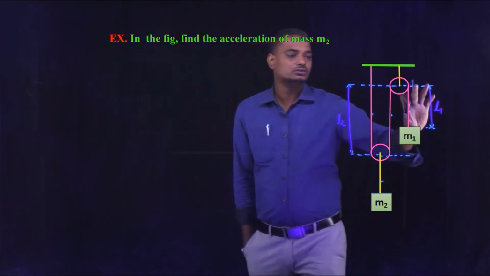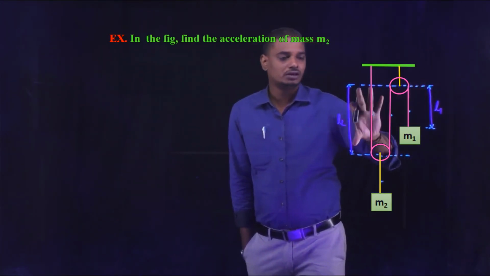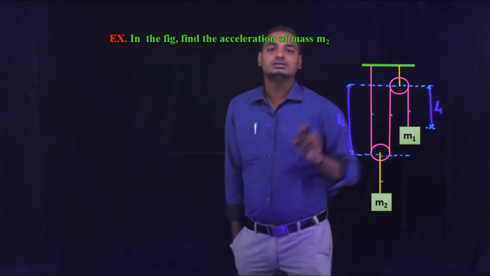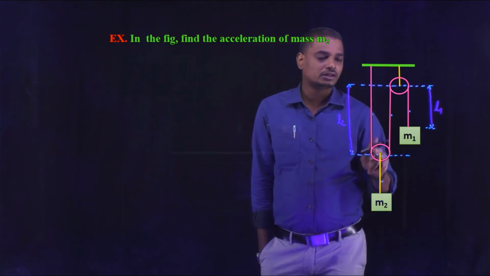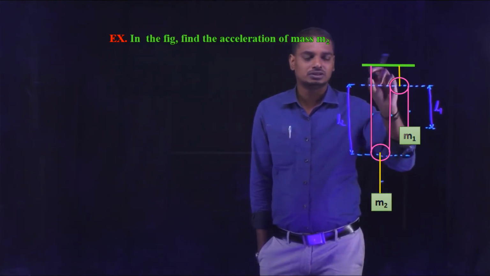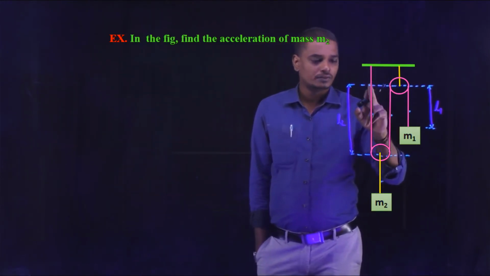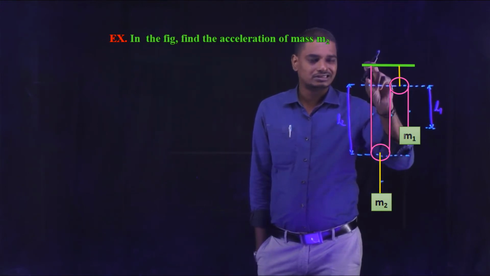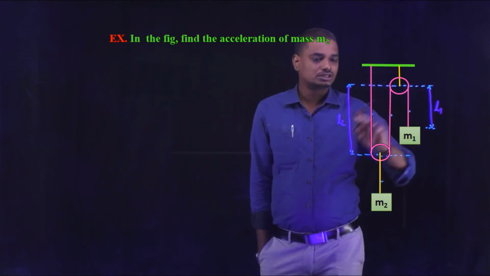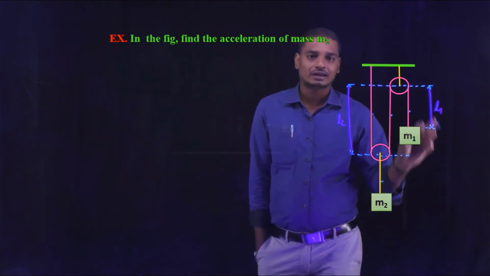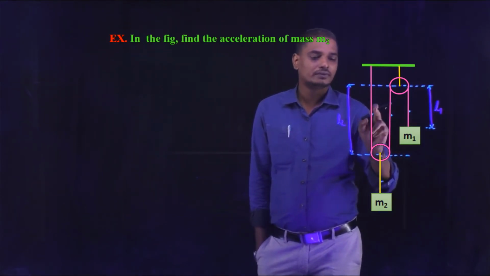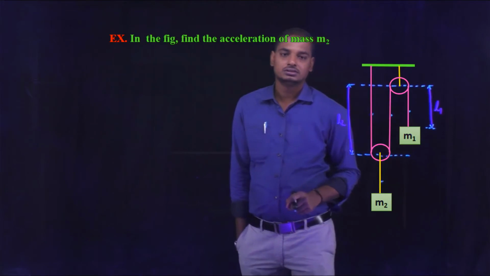So this part of the string is L1 and this part is L2. Now, forget about this small part. The total length of the string remains constant, and as the blocks of mass m1 and m2 move or accelerate, only L1 and L2 will change, right?